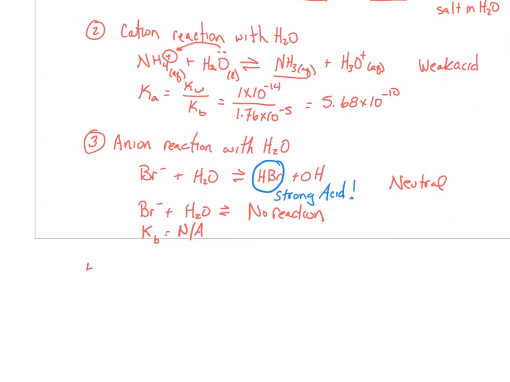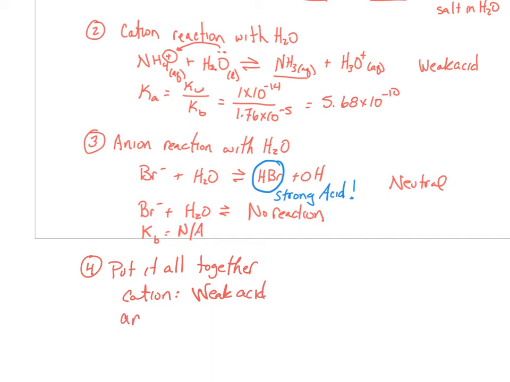And so in step 4, we have to put it all together. My cation is a weak acid. My anion is neutral.